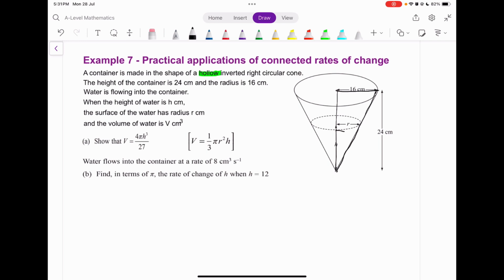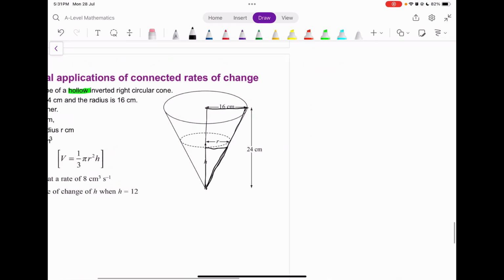And of course, same goes here. So it's a similar triangle. So let me draw it out. 这里就是我们的 16 and 24. And we've got here, that is just R and H. So we definitely have a ratio.